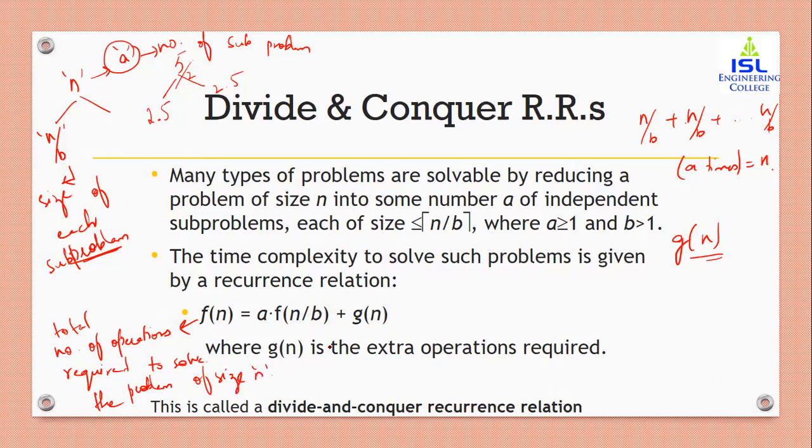And f of n is given as the total number of subproblems, a, into f of n by b.